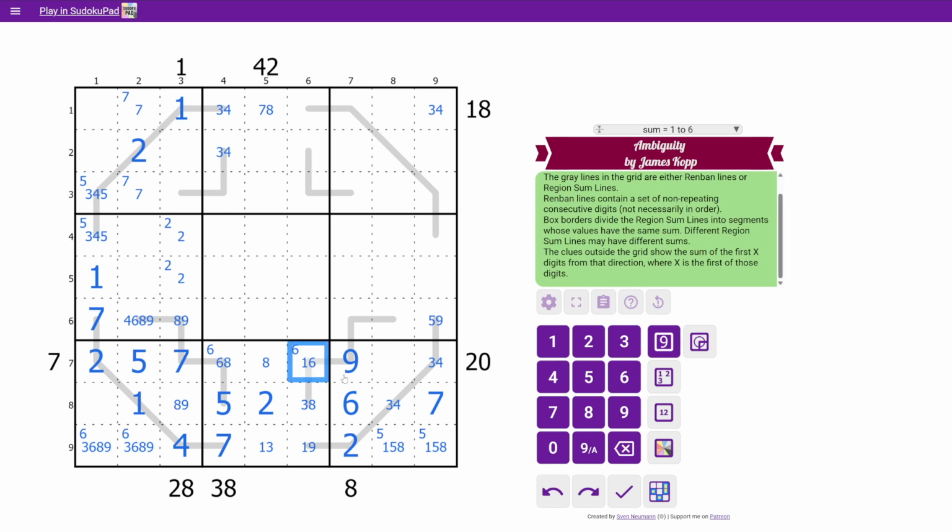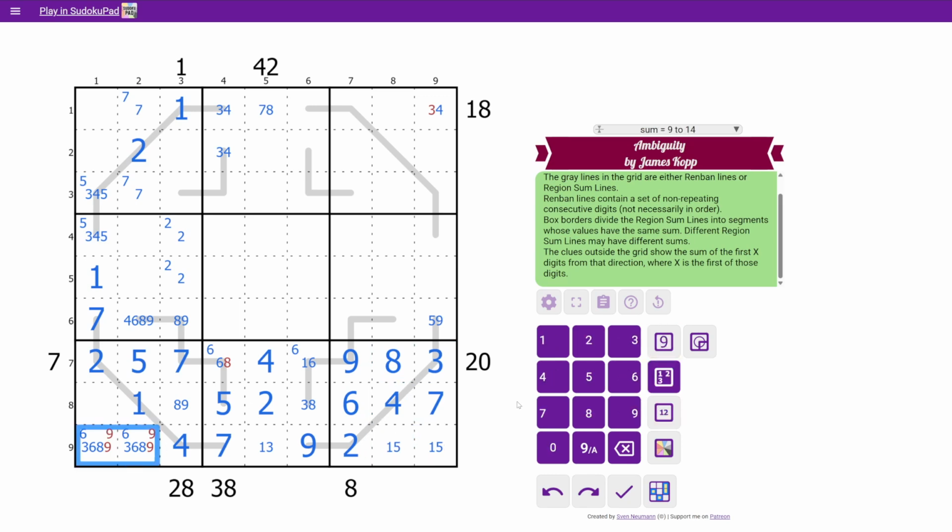So all of these, 1. So look, these are full. Are they not? That's a 1-3-6-8. That's a quadruple. Yeah, so this is a 9, and this is a 4. Oops.